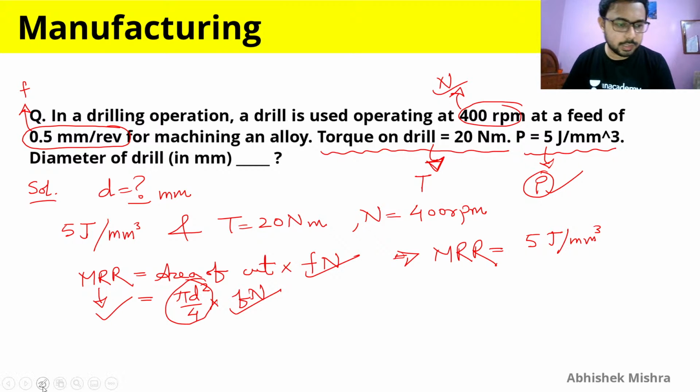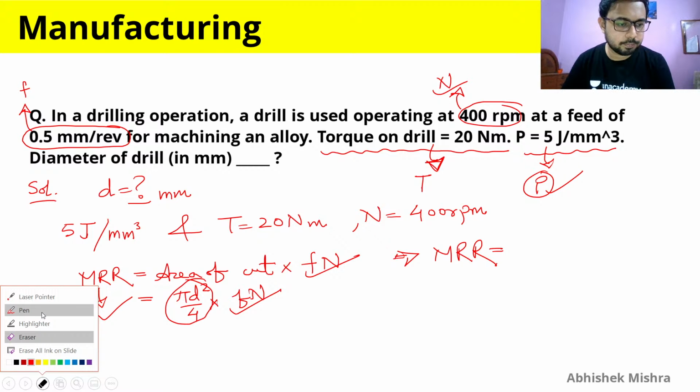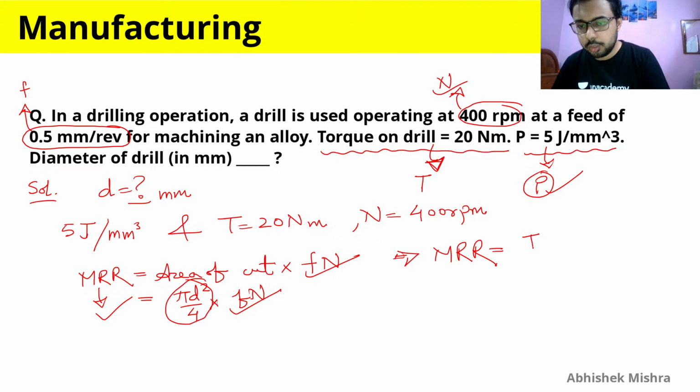Let us just write it like this. It will be torque into omega, the angular speed, divided by the 5 joule per mm cube. Torque into omega will be joule per second, that is the power, and from here we get the material removal rate in mm cube per second.